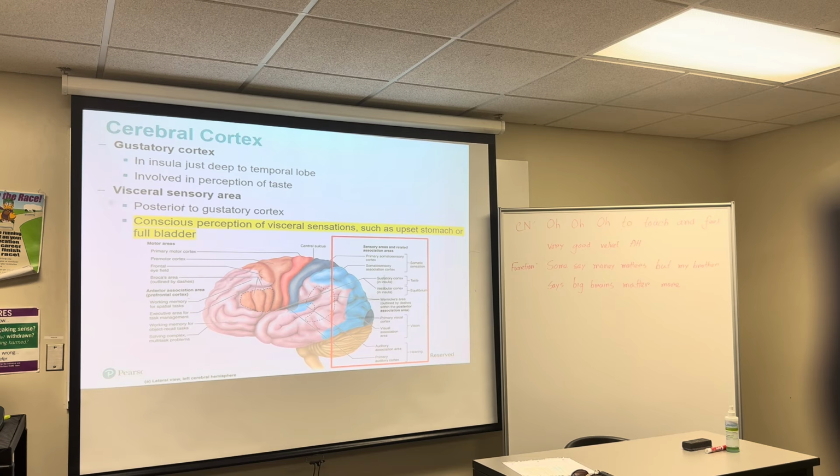Like for example, stomach, bladder. If you want to go to the restroom for peeing, why do you go there? Because this visceral sensory area is understanding or feeling that your bladder is full. So if anything is happening inside your organs, that is what is sensed by this visceral sensory area.